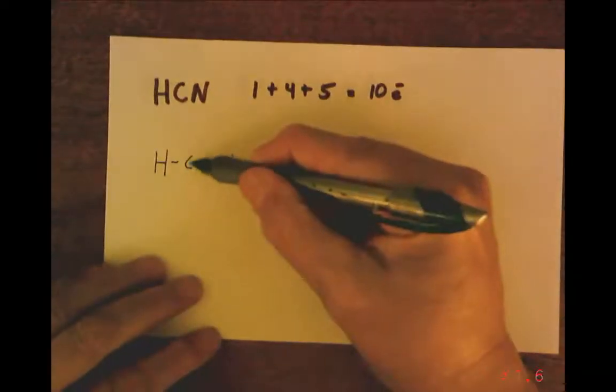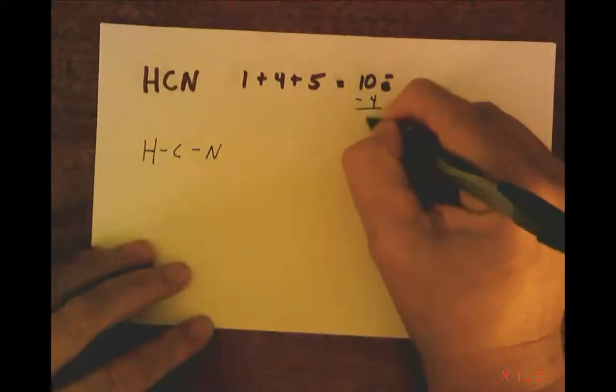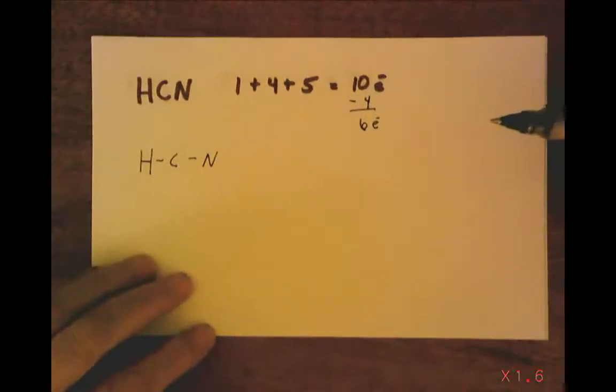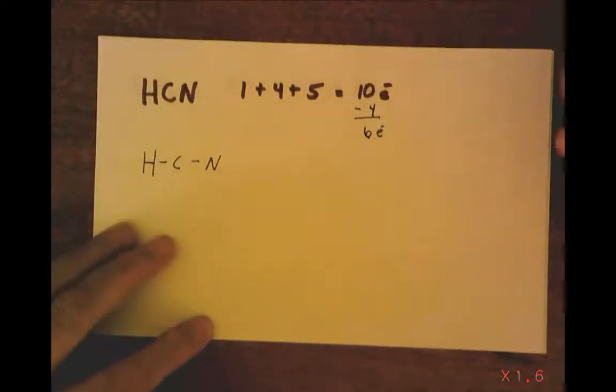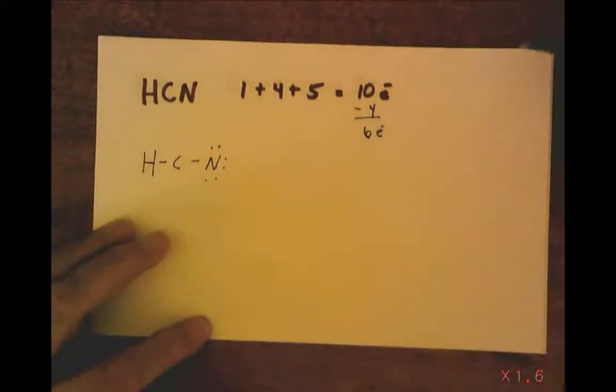And so it has to be the carbon atom this time. So we've used 4 electrons so far. So I've got 6 left to place. We place them on the outer atoms first. Hydrogen already has its total pair, so it can't hold any more. So all 6 of these have to go on this outer atom.